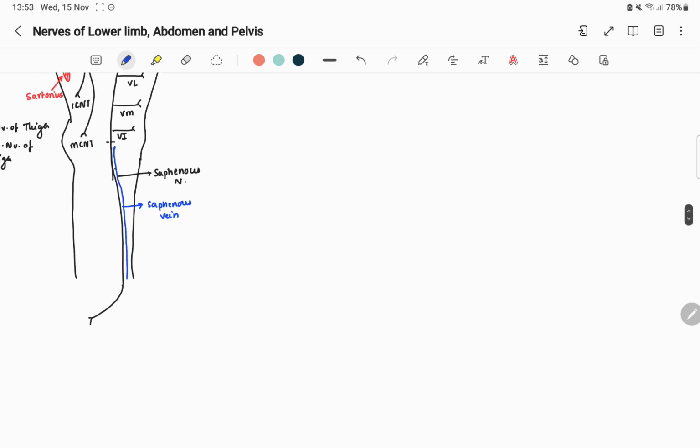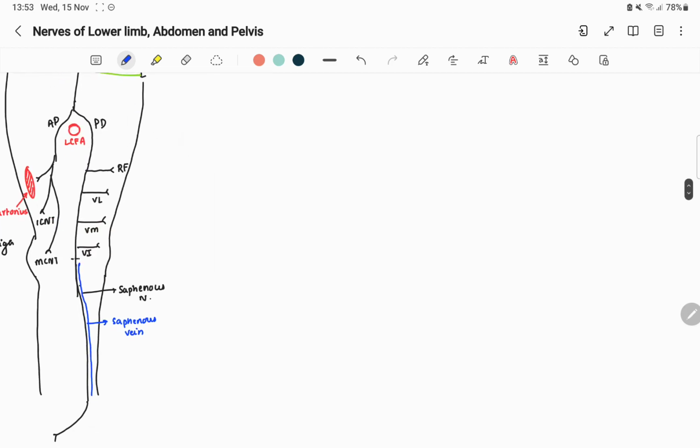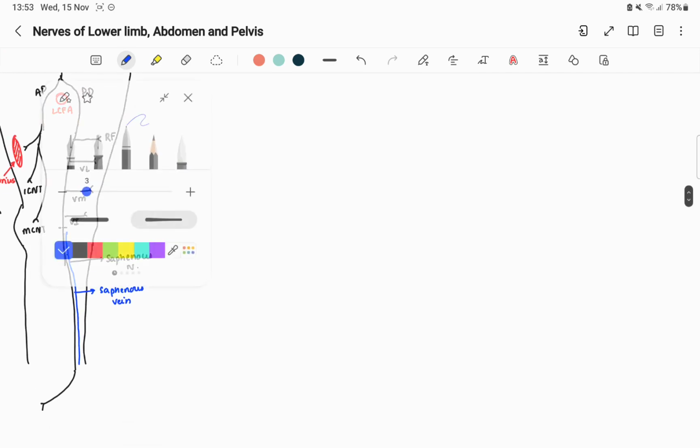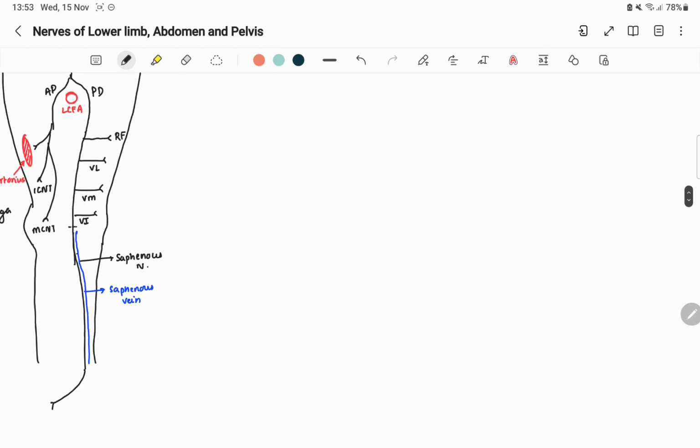Importantly, remember that the saphenous nerve is a content of the adductor canal also, your Hunter's canal. Let's say you have the adductor canal here. The saphenous nerve is present over here, but I'm drawing the adductor canal separately. So the saphenous nerve passes through it.